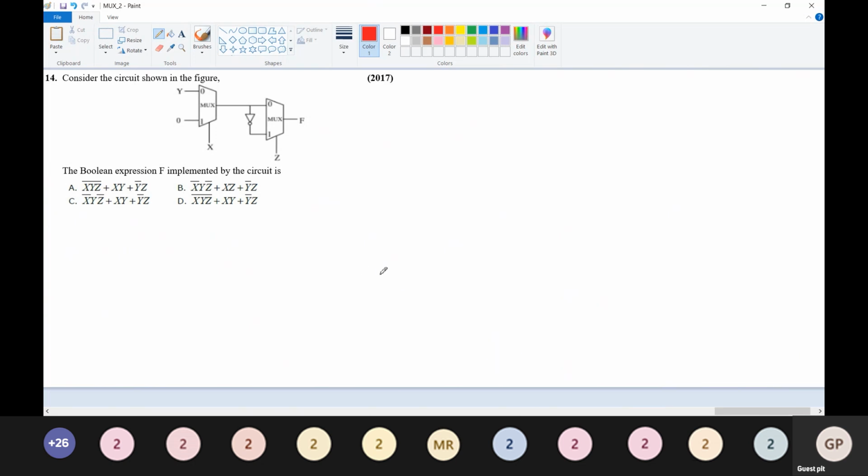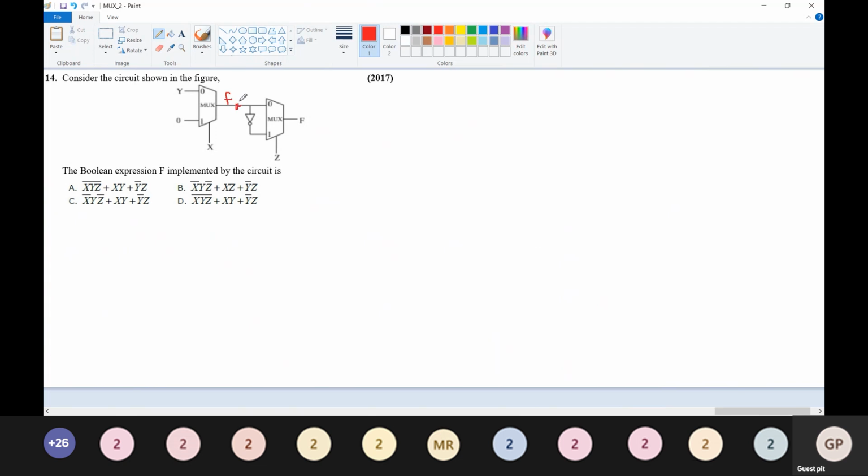Similarly, consider the circuit shown in the figure. 2:1 muxes are shown here. You have to find the corresponding Boolean expression implemented by the circuit here. Here I'll put this as small f.